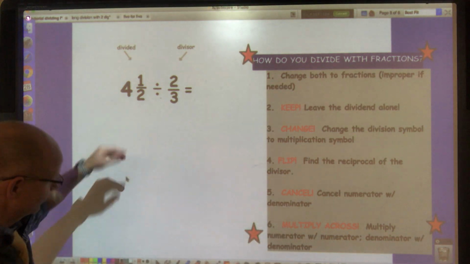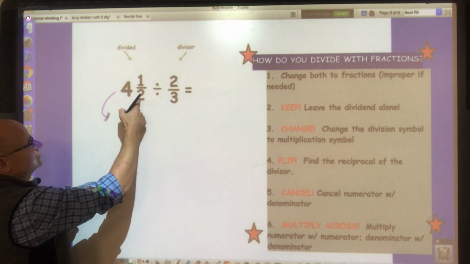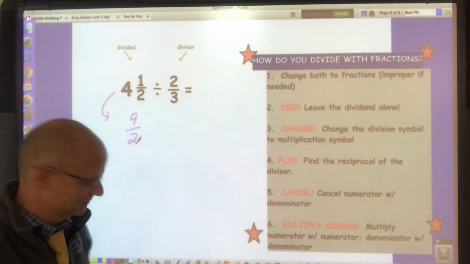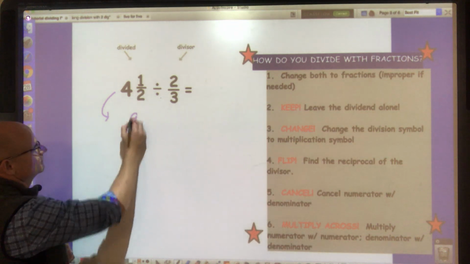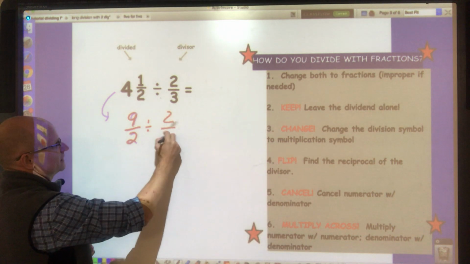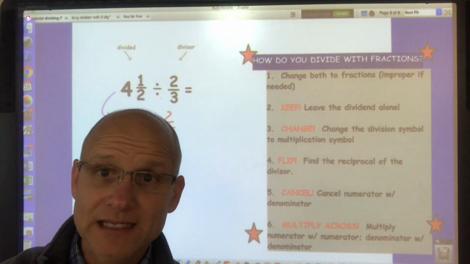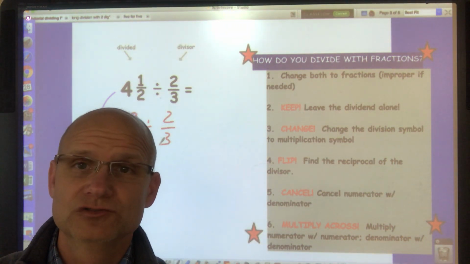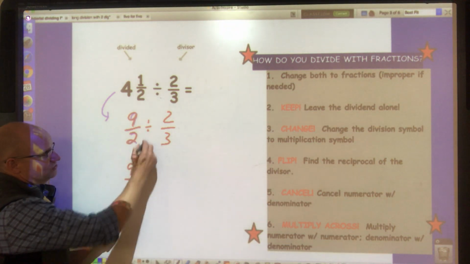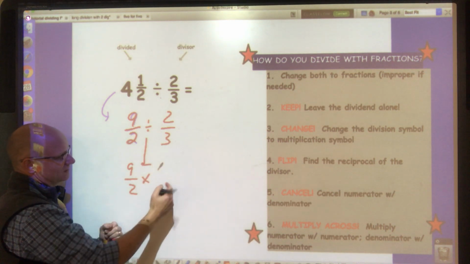So this 4 2/3 changed to an improper fraction, which means 3 times 4 plus 2, that would be 14 thirds. Divided by 2/3. Okay, now that I've changed everything to a fraction, do the keep, the change, the flip. So keep the dividend, change the operation, and then flip the divisor.